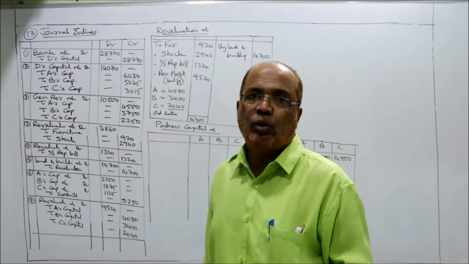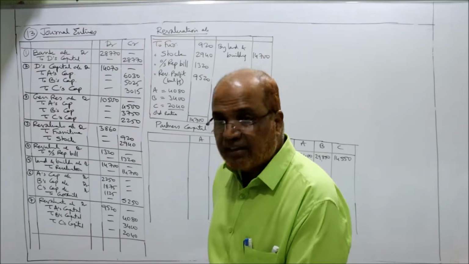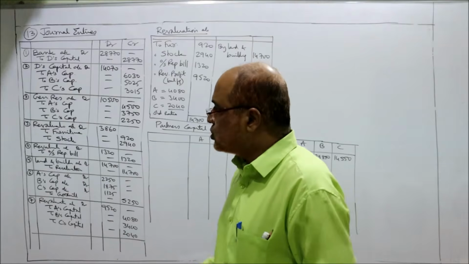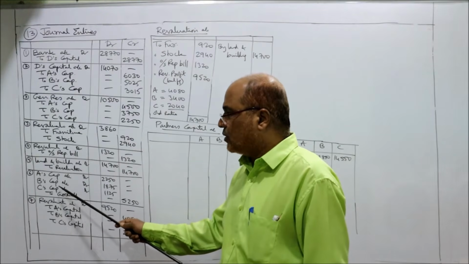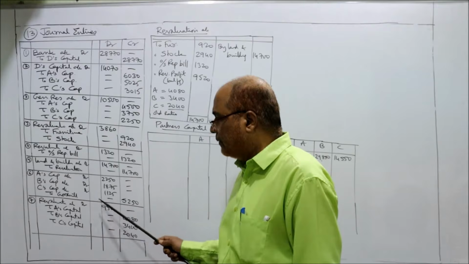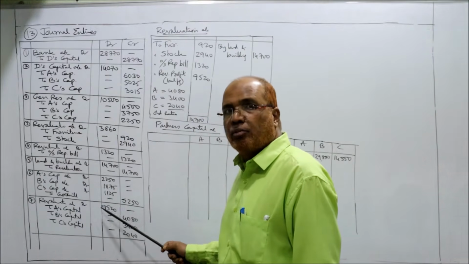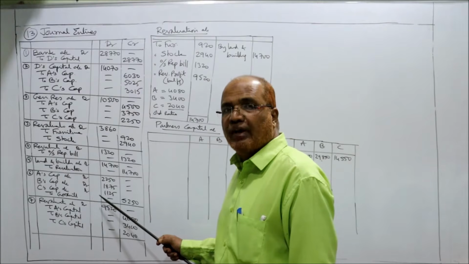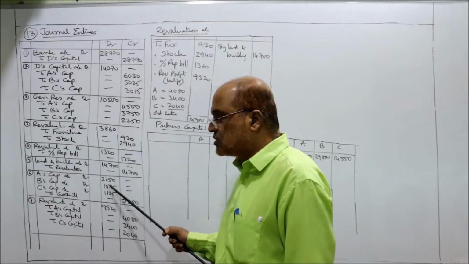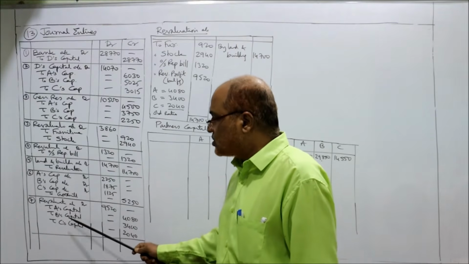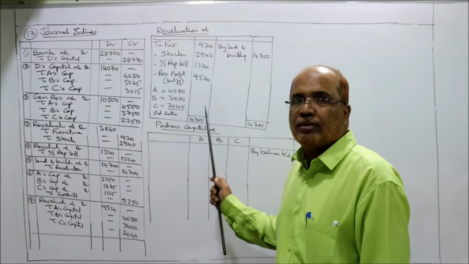Now we have to credit goodwill 5,250. Whom do we debit? Old partners A, B, C. So A's capital account debit, B's capital account debit, C's capital account debit to goodwill 5,250. So we divide this in the old profit sharing ratio. 6 by 14, 5 by 14, 3 by 14. We'll get this one. Being the existing goodwill written off. Then last one, a profit on revaluation.